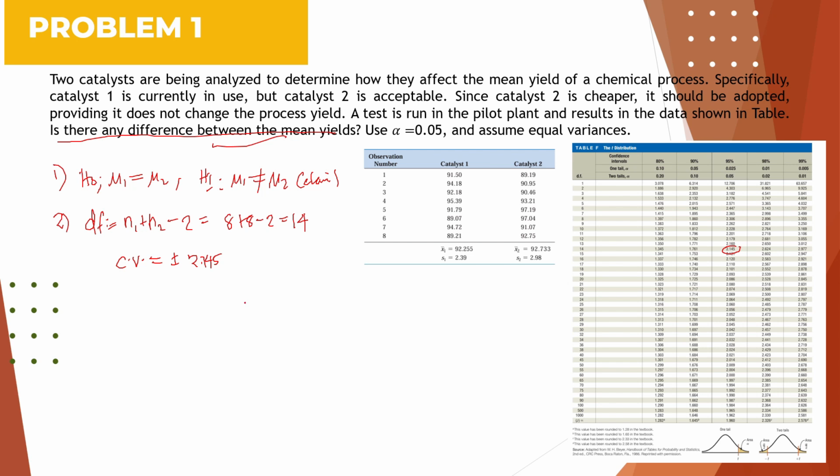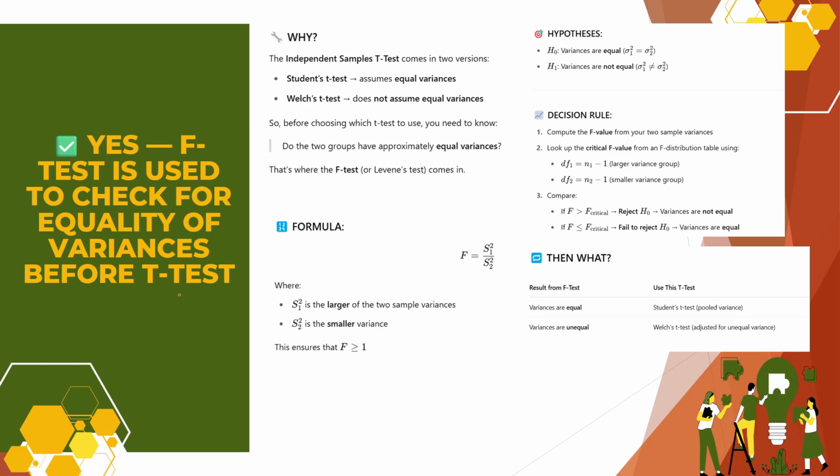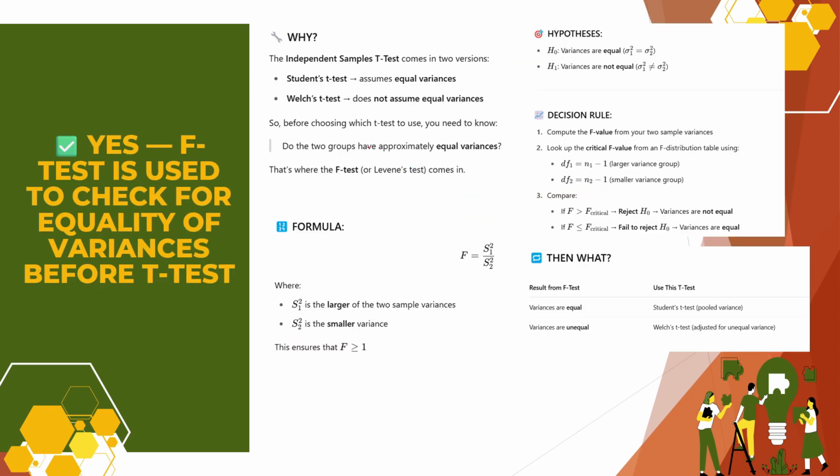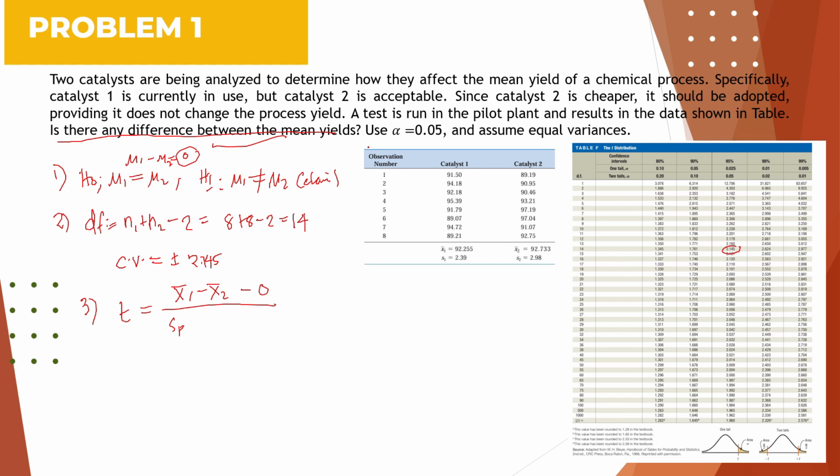So next step is we have to compute the test value, number 3. Our t is equal to mean 1 minus mean 2, minus 0, because we could equate mu 1 minus mu 2 is equal to 0, over the pooled Sp times the square root of 1 over n1 plus 1 over n2.